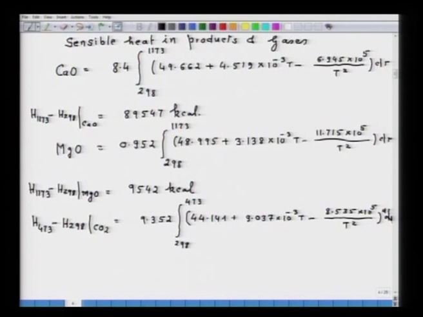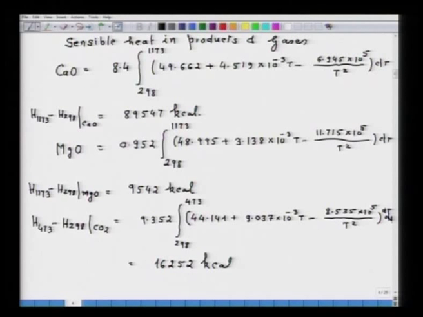So, this value is coming 16,252 kilocalorie. Now, be careful while calculating the heat content in water vapor.